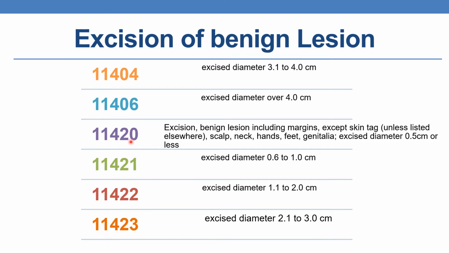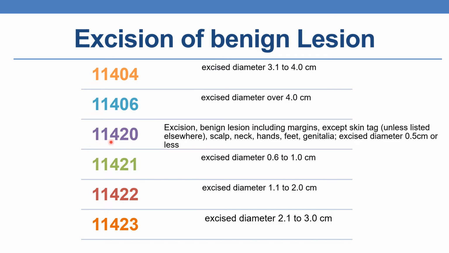If the fifth digit is 0, the excised diameter is 0.5 centimeters or less. If it is 1, it is 0.6 to 1 centimeter. If it is 2, it is 1.1 to 2 centimeters. If it is 3, it is 2.1 to 3 centimeters. If it is 4, it is 3.1 to 4, and if it is 6, it is above 4 centimeters.